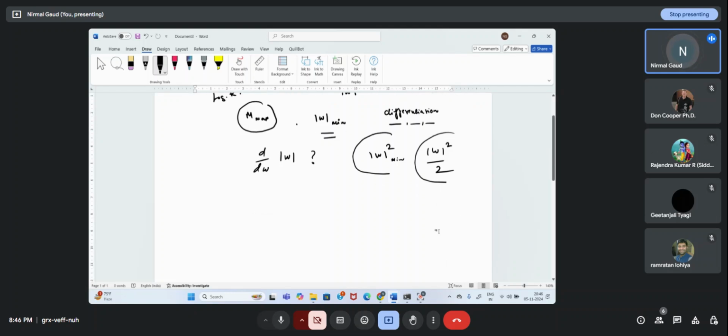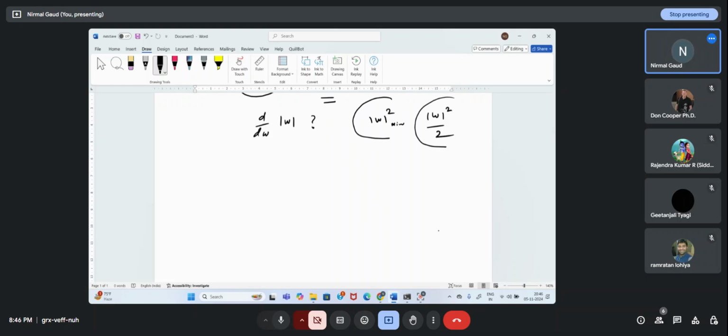So what I got here is w square by 2 is my objective function. I want this term to be minimum. Obviously, it requires differentiation.